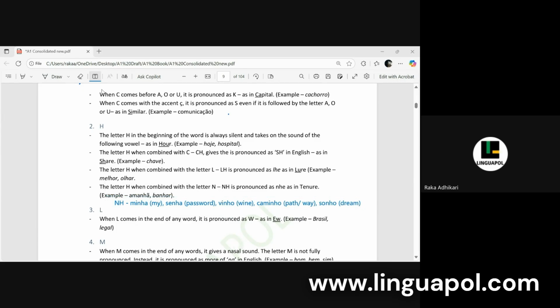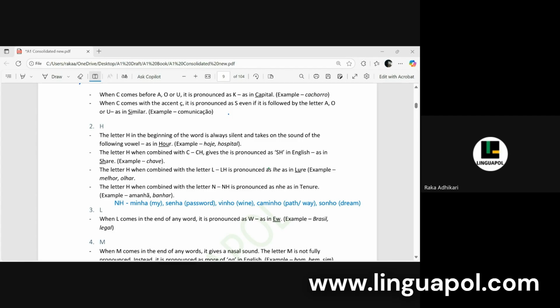Okay. So the letter H, we read the four rules of letter H. We started where the letter H is the first letter. In that case, we will not pronounce it at all, and we will start the pronunciation from the second letter of the word. Then we saw in the second rule that when we have the combination of C and H, the pronunciation will be sh, very soft sh, like in shav.